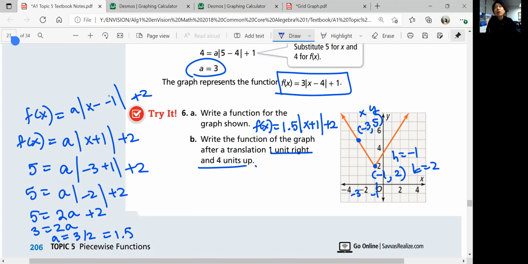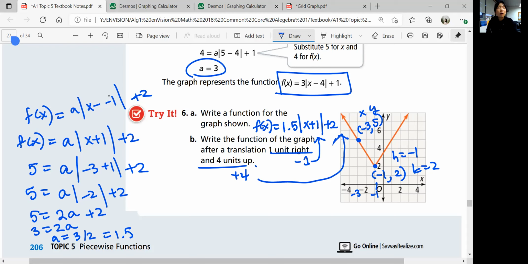All right, part B. If you translate this function 1 unit right, then you need to subtract 1 inside your absolute value sign. So in your h. 4 units up, you're going to add 4 for your k.